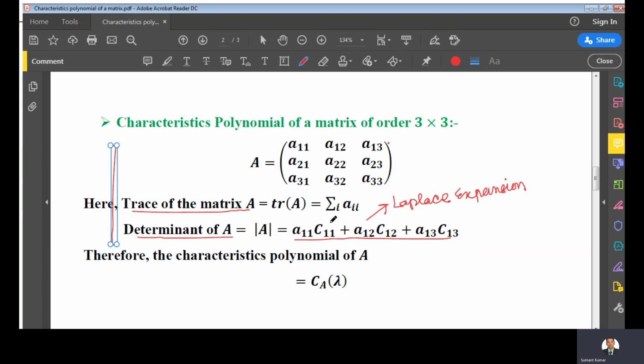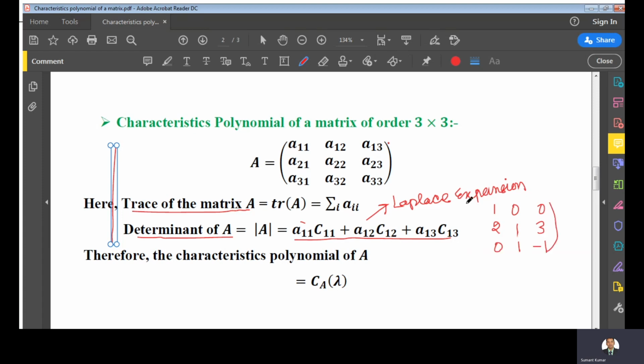Here C11, C12 denote the cofactors corresponding to the elements a11, a12. The question is, which row or column will you choose? If you keep this point in mind, finding the determinant will be very easy. Let us take an example. Suppose I take the matrix with rows 1 0 0, 2 1 3, and 0 1 minus 1.